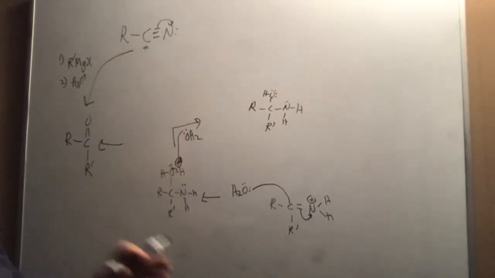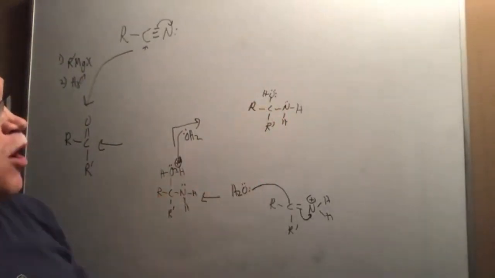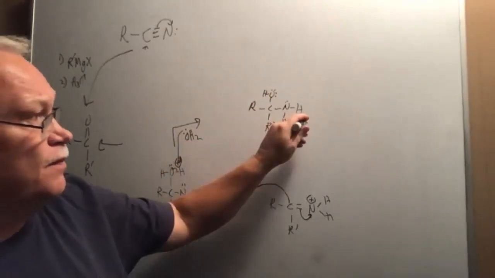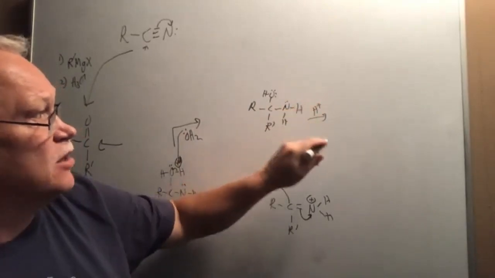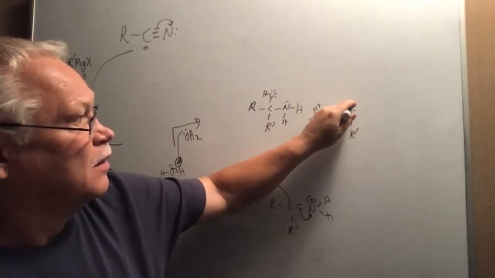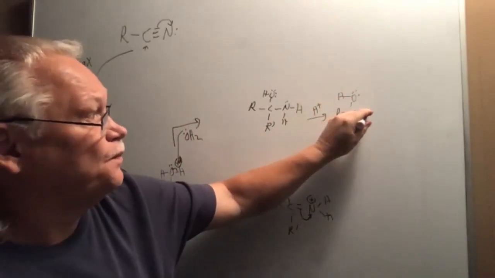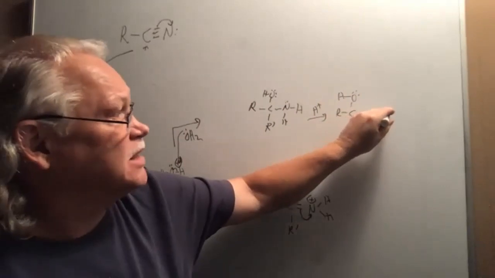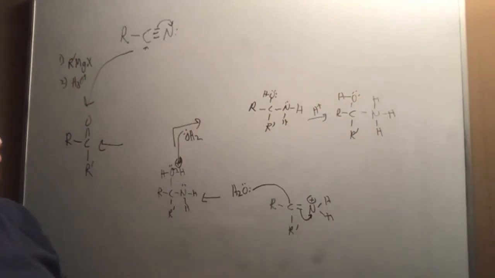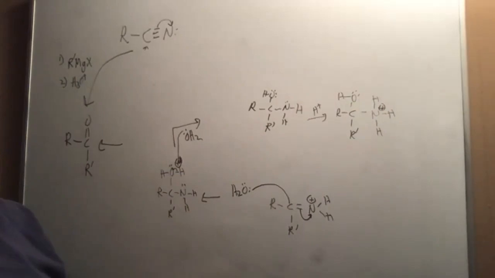Now, because it's in acidic solution, we can reprotonate this. But instead of reprotonating on the oxygen, we're going to reprotonate the nitrogen. So we're going to add acid to it, and notice what I'm going to get. Now, I know this is not exciting at all, but it's important for you to see this at least once. So we reprotonate that nitrogen. Now this positive charge is there.